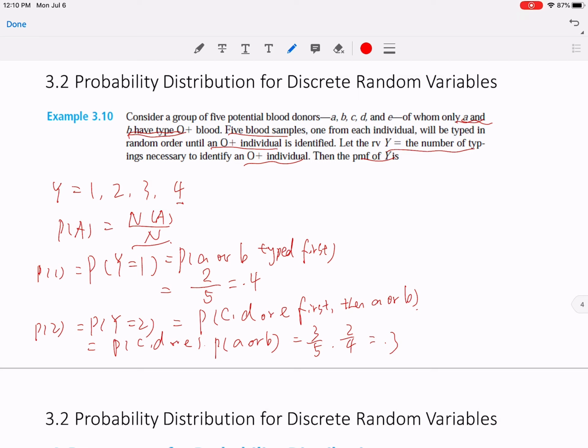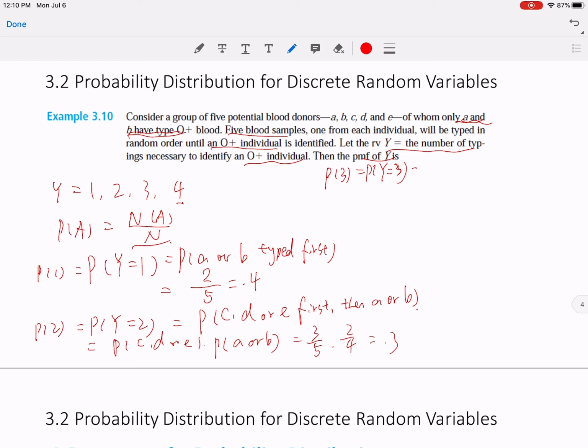And then let's take a look at P of 3. P of 3 is equal to the probability of y is equal to 3. So what does it mean by saying y is equal to 3? That means the first two are not O positive, but the third one is, right?